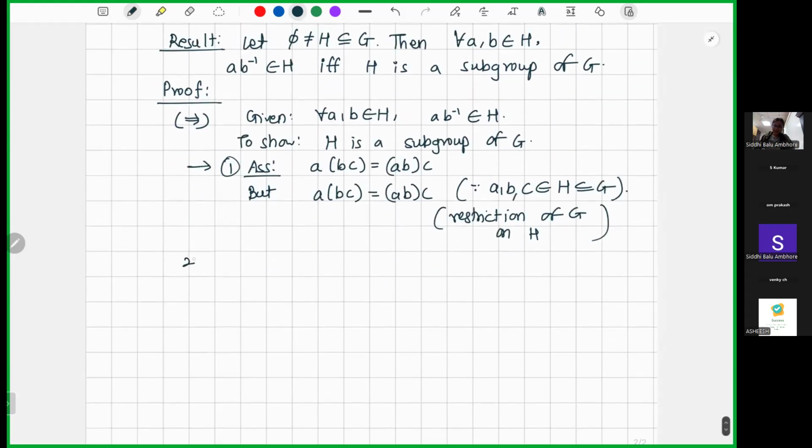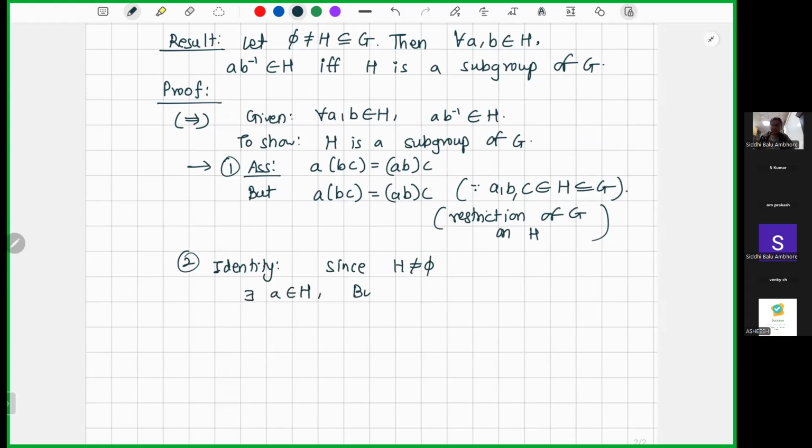Okay, and the second is identity. Since H is non-empty, there exists A in H, right?